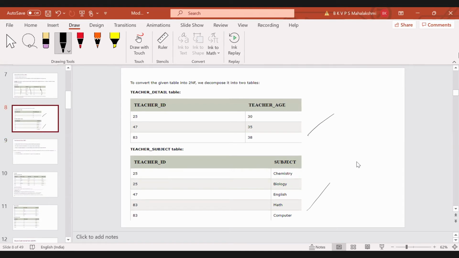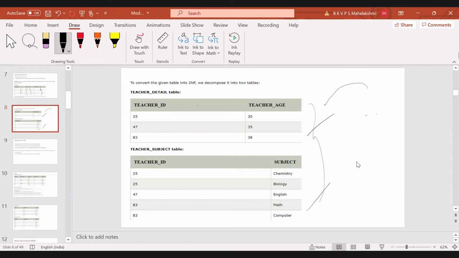See, already you know the property of 2NF. That means all the non-prime attributes must be fully functionally dependent on primary key attributes. Whenever you are going to decompose the main schema into a number of tables, then in each and every table you must include the prime key attribute, because it must be fully functionally dependent on primary attributes.